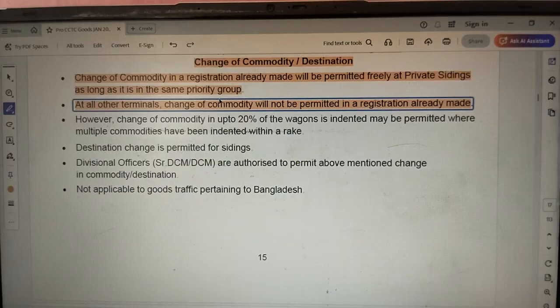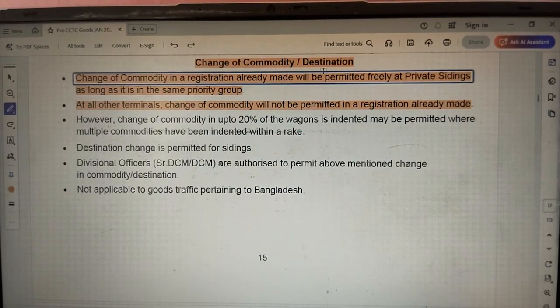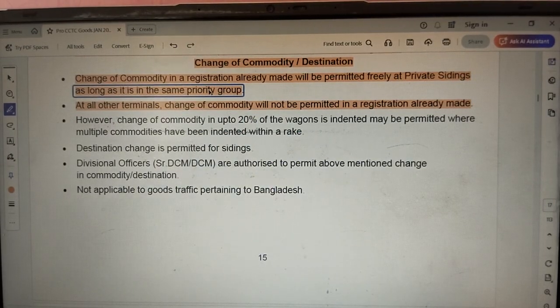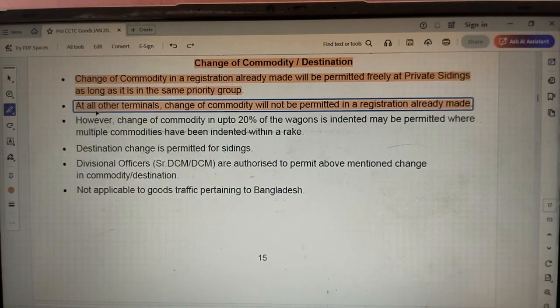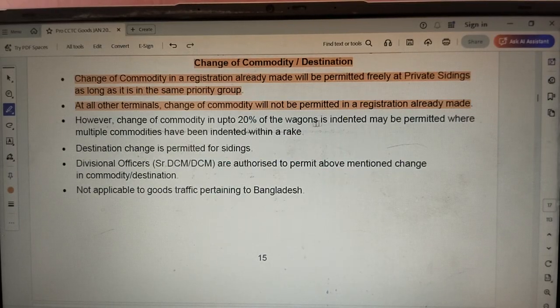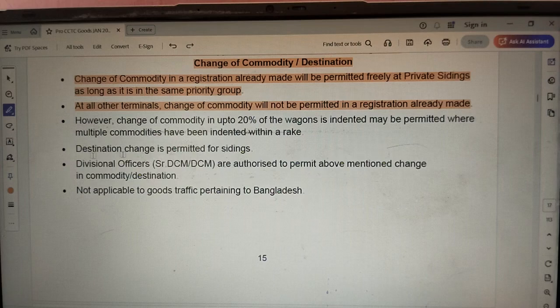So at a private siding, if it is in the same priority group, change of commodity is permitted. At all other terminals, change of commodity will not be permitted in a registration already made.